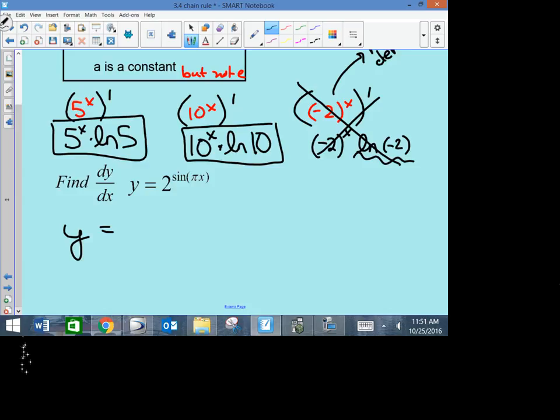I got it. You know how to find the derivative of that? Which means the answer is no. You only know how to find the derivative of something to the x, so you bring it. Good job on that first part.